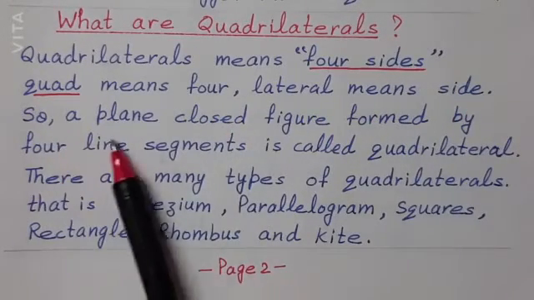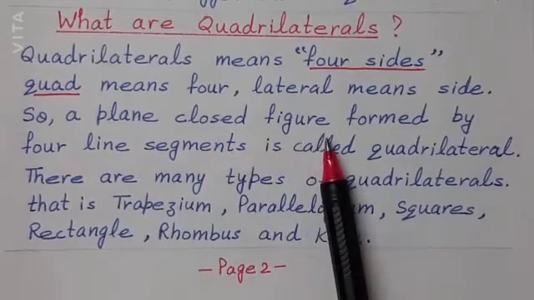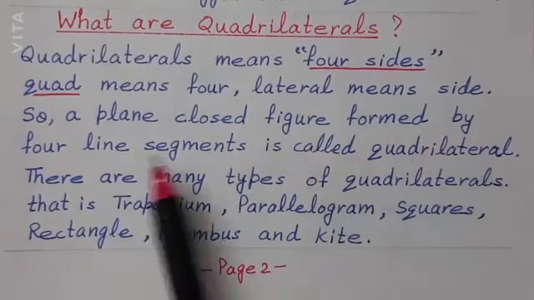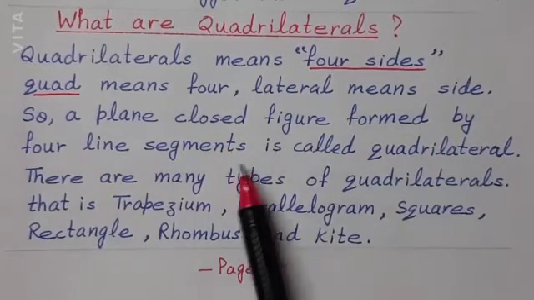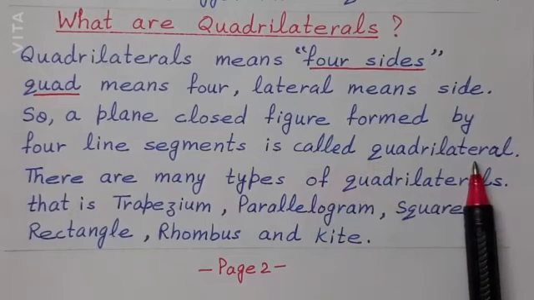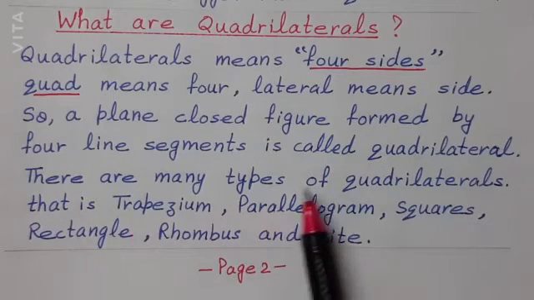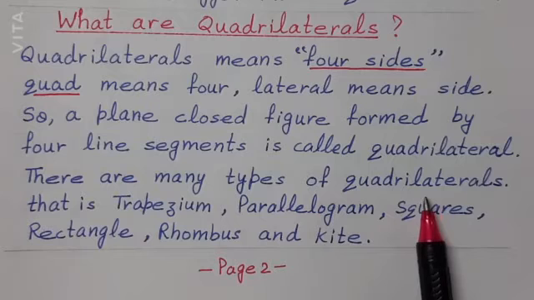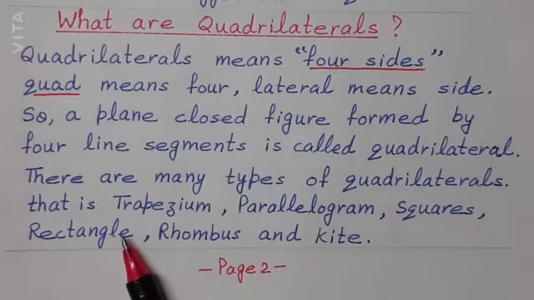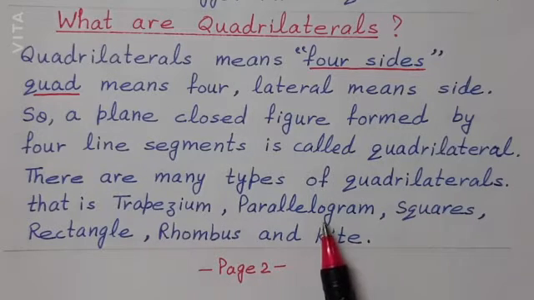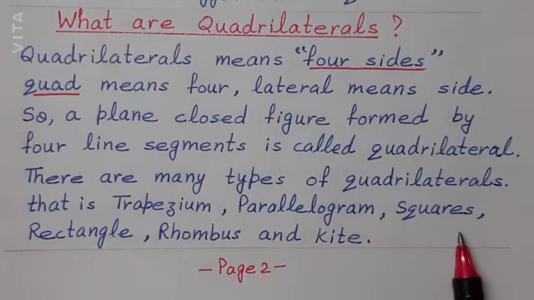So a plane closed figure formed by 4 line segments is called a quadrilateral. There are many types of quadrilaterals, that is, trapezium, parallelogram, squares, rectangles, rhombus and kite.